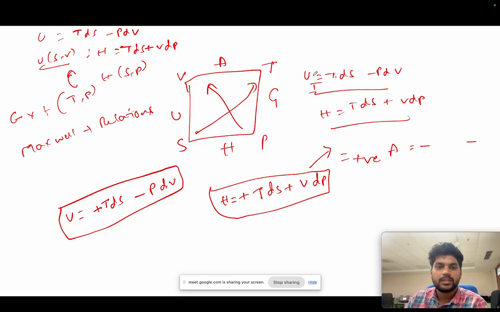The negatives will be of dV and dT, and V is converted from P minus S. So this is the formula for U.